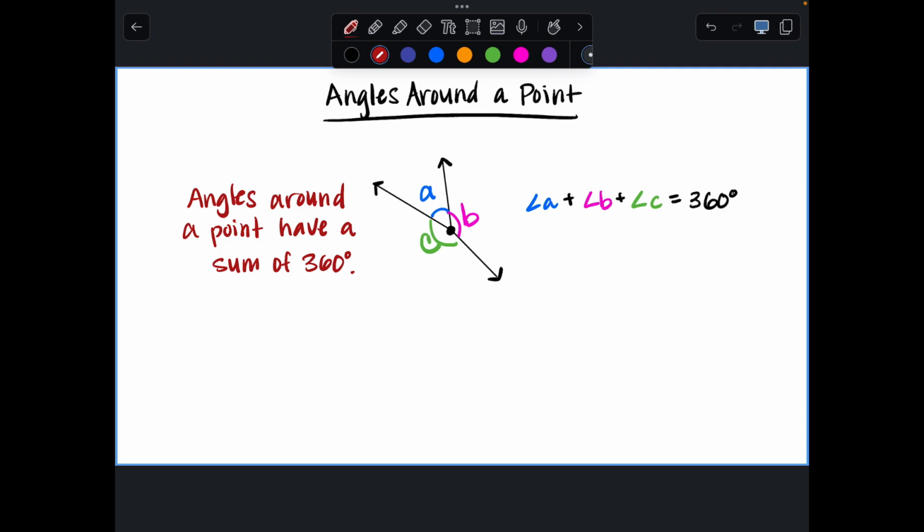So we're going to talk about a few different angle relationships.